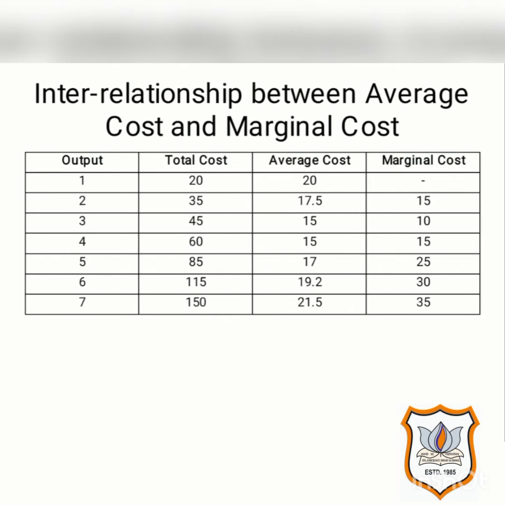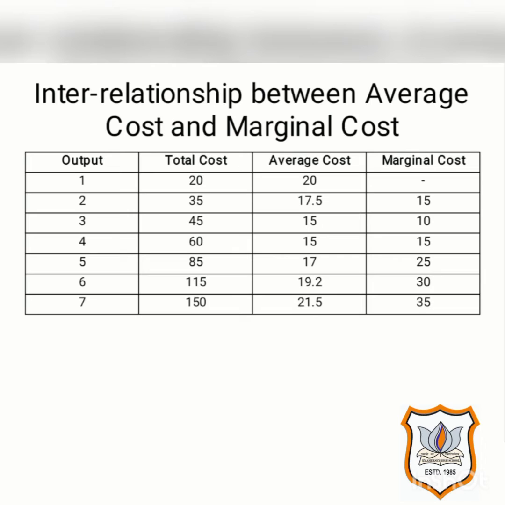Now, in order to understand this concept of interrelationship between average cost and marginal cost, a table has been given here. In this schedule, as you can see, units of output, total cost, and average cost as well as marginal cost have been given. On the basis of total cost, both average cost and marginal cost can be found.